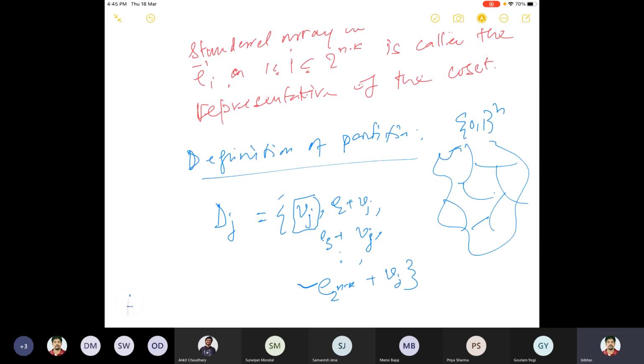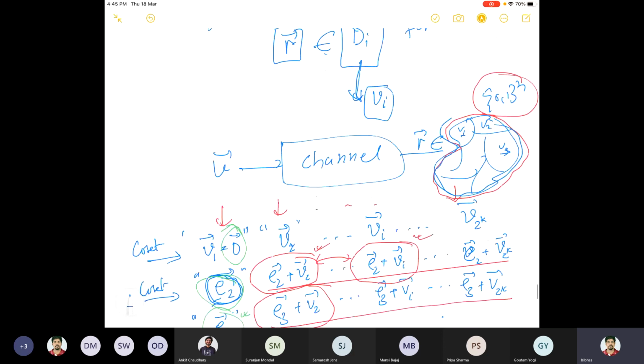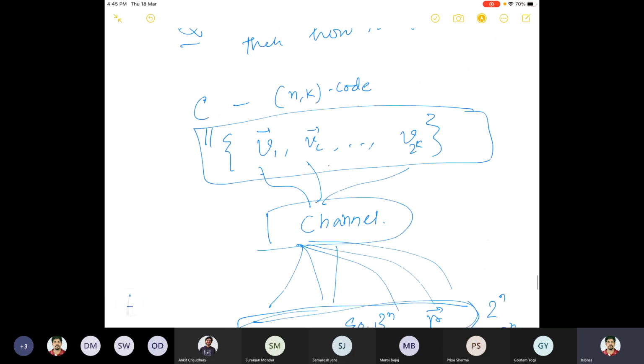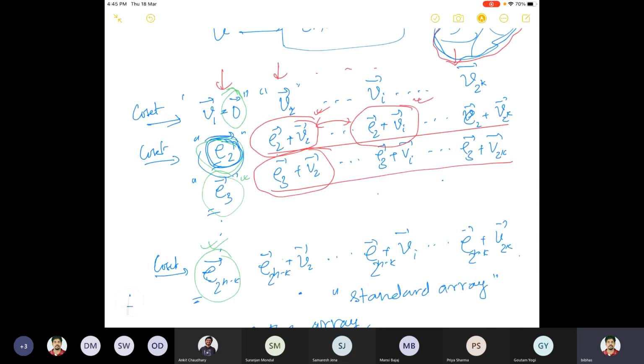Adding these errors E1, E2 and so on to the code words can produce different words which belong to {0,1}^n. So each of these is nothing but 2^(n-k) error patterns, and that will decide.